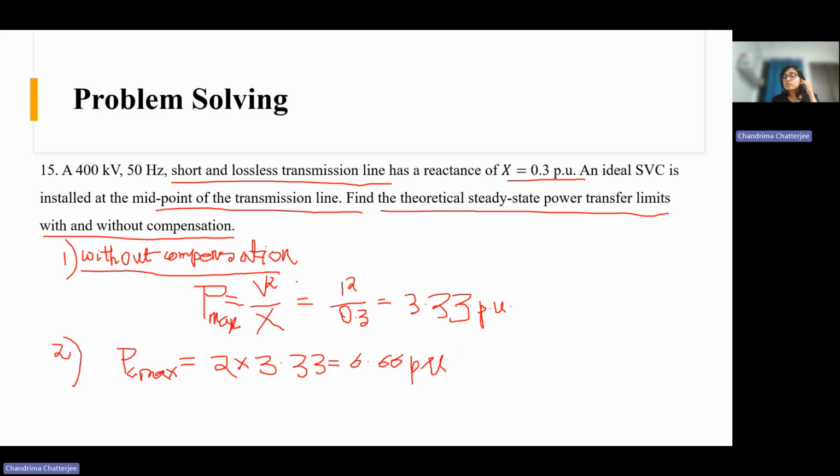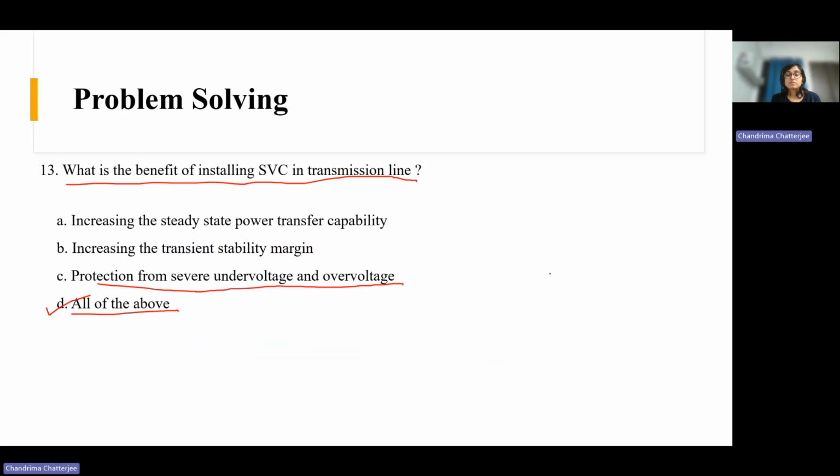So this is without compensation and this is with compensation. These were two small numerical problems.